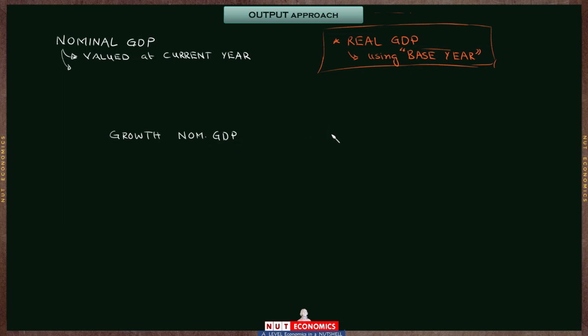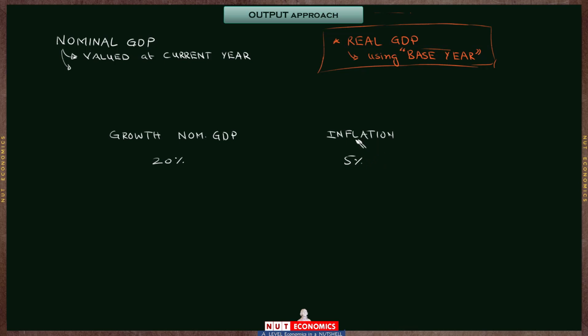and if you are given the rate of inflation in the economy, that is, if you are told the rate of growth of nominal GDP is, let's say, 20% in a particular year, and in that year the inflation in that country is, let's say, 5%.